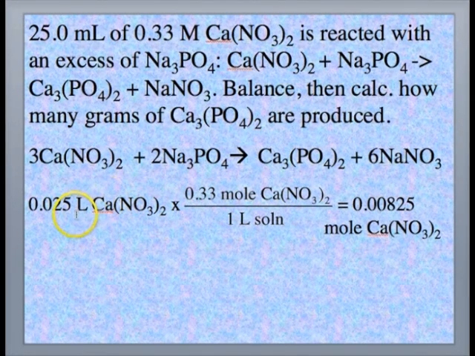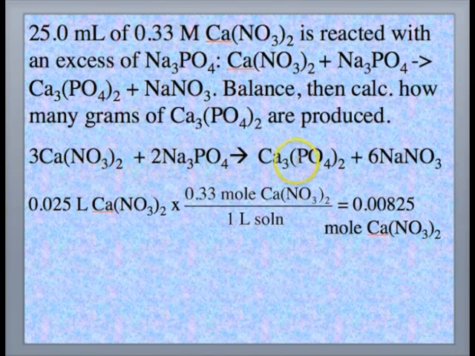Liters will cancel out, and I'm left with 0.00825 moles of calcium nitrate. Now, remember, I'm trying to figure out the grams of calcium phosphate that are going to be produced. It's 0.00825 moles of calcium nitrate is what I'm starting with.